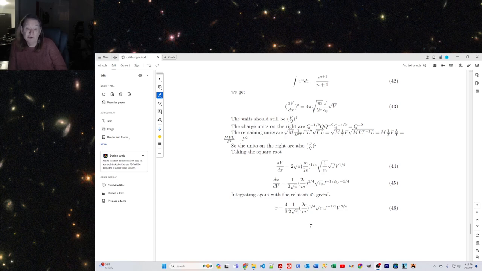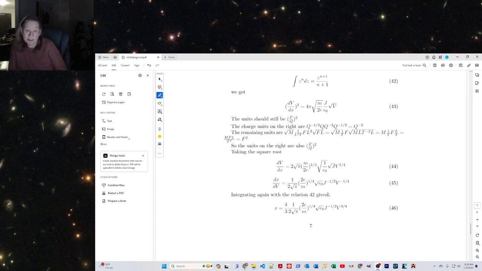The rate at which position changes as you move from the cathode to the anode, with respect to the change in electric potential. So it's just the inverse of dV/dx, the inverse of the magnitude of the electric field. So taking the reciprocal, we get equation 45.